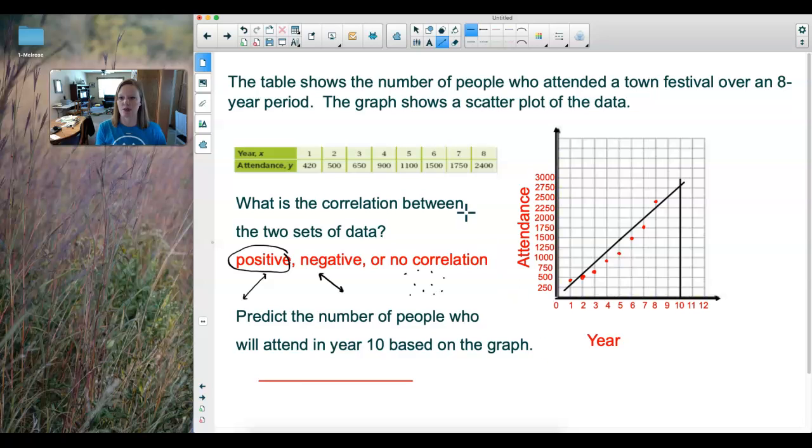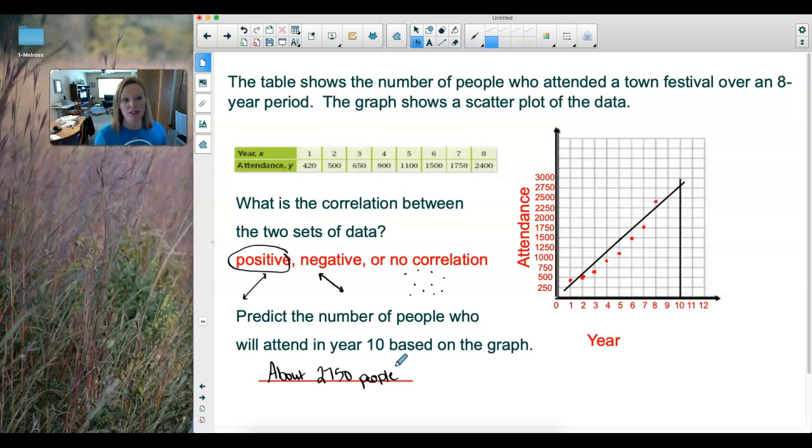So then I could say, well, in year 10, I would predict that there would be about 2,750 people, somewhere around there. Okay, so we're just making a prediction. We don't know for sure, but about 2,750 people will attend based on what's happened in the past. If that trend continues and it continues to increase.